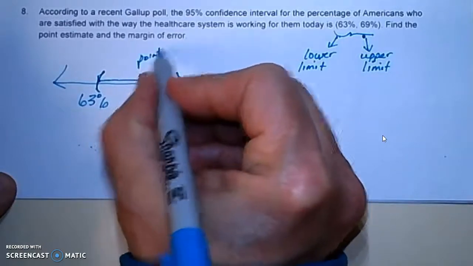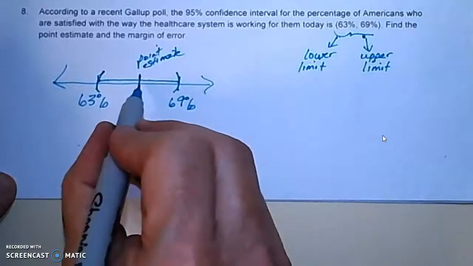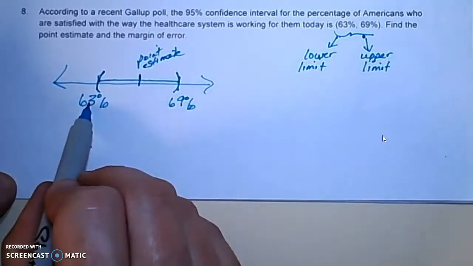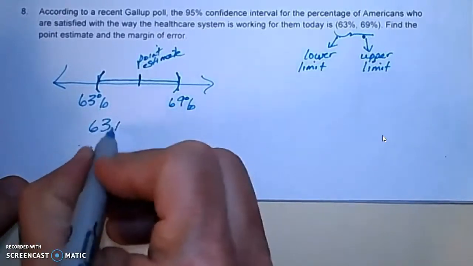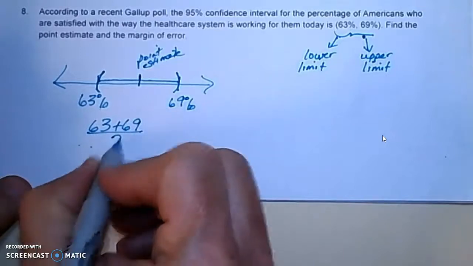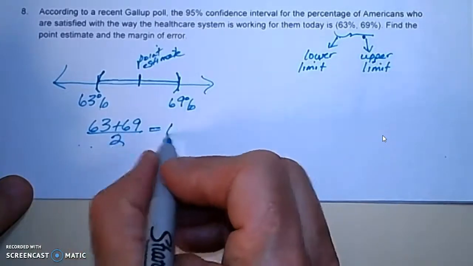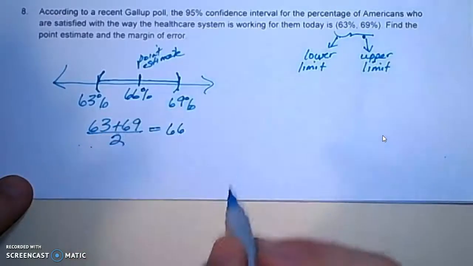This is our point estimate right here. So the first thing we could do is figure out exactly what number that is. It's just going to be the average of the lower limit and the upper limit. We could take these two and add them together and then divide by 2, and that would give us our point estimate. When we do that, that's going to give us 66. So 66% is our point estimate.